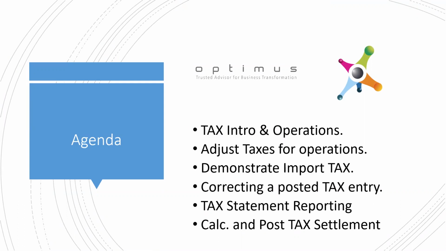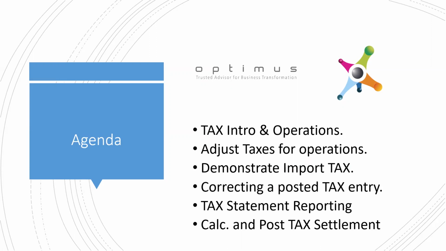Now, this is our agenda. We're going to show, first of all, the general ways of the calculations and the basics. So we have a tax intro and the basic operations review. Then how we perform some adjustments, adjusting taxes for operations, and then the third topic will be importing taxes.